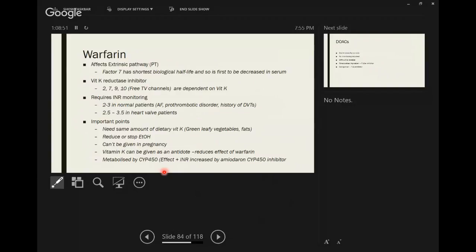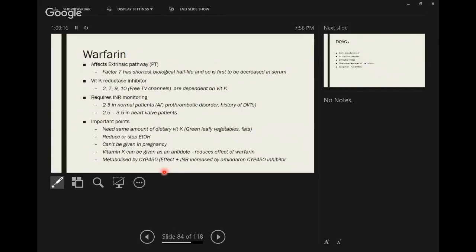In the first couple of days of giving warfarin, your INR rises very quickly, but then it doesn't actually reflect your thrombotic status. You're actually a tiny bit prothrombotic in the first 24 hours. The dosing in the first 7 days is different to the dosing afterwards, just because factor 7 makes your INR unreliable in that first couple of days.